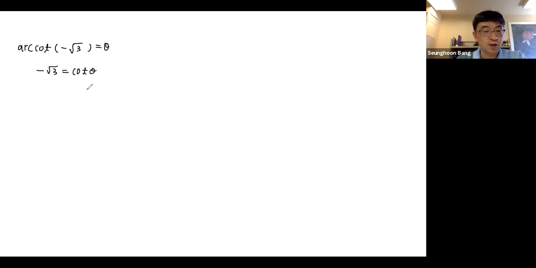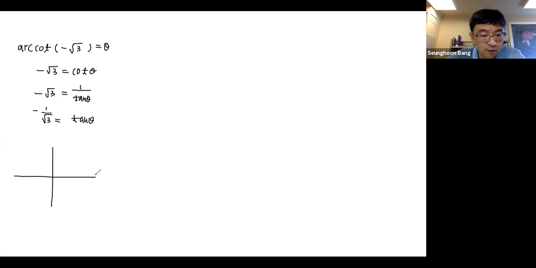Cotangent theta is exactly 1 over tangent theta. Only flip, so the negative 1 over root 3 is tangent theta. So you can use this idea.